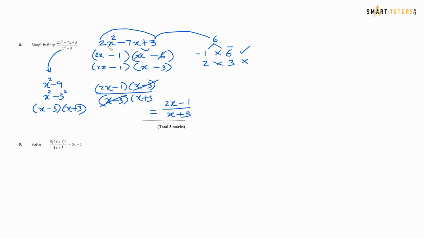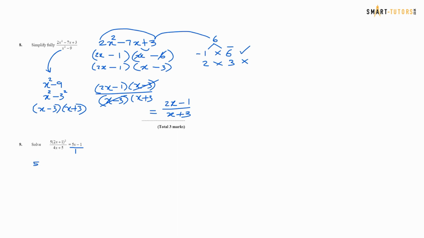Question number 9. Solve 5(2x plus 1) whole thing squared over 4x plus 5 equals 5x minus 1. I'm going to consider underneath the 5x minus 1, there's a 1 there. So now you can cross multiply.